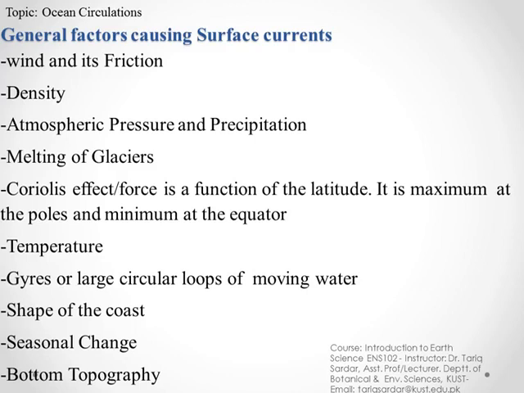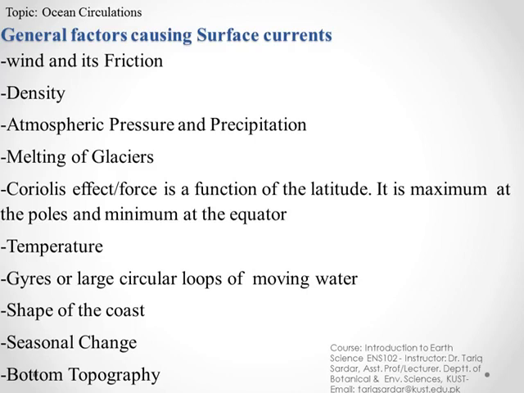The gyres, as we have already studied, are large loops of moving water, also causing these surface currents. Also the shape of the coast, where the areas and oceans are lying, also shapes ocean currents, either surface or deep currents.